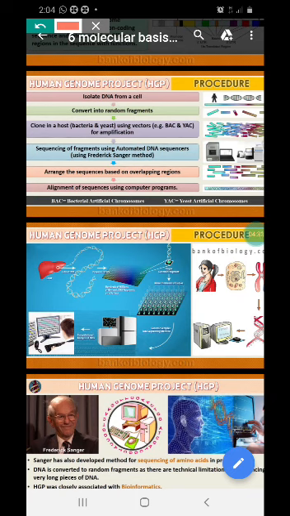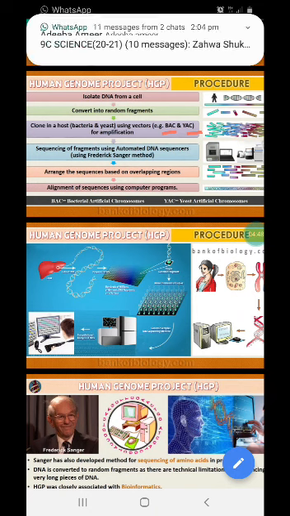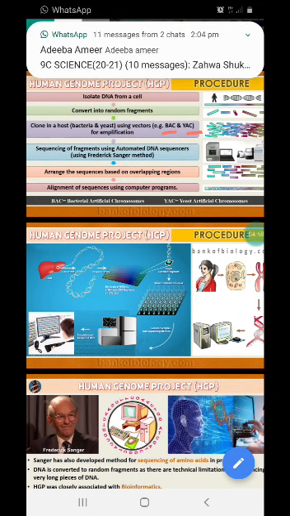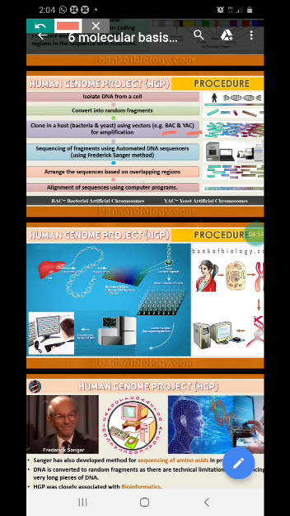The commonly used vectors are bacteria and yeast, which is called bacterial artificial chromosome or yeast artificial chromosome. Okay, now when it is introduced into the bacteria or yeast, it starts multiplying in the host body, right, and forms same copies, which is called a clone or cloning.